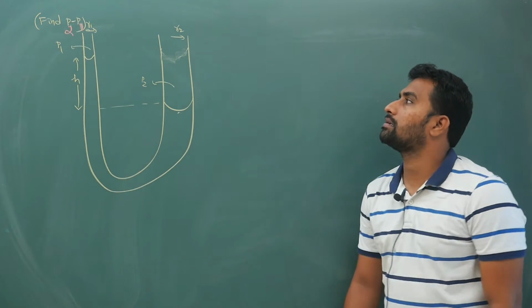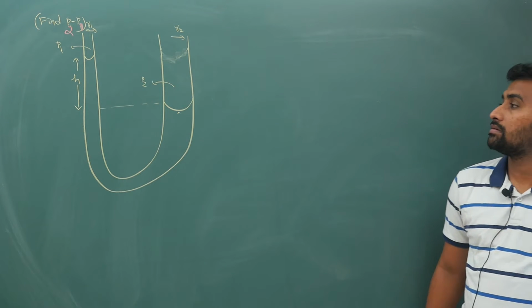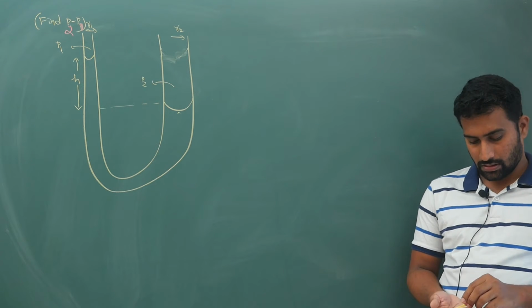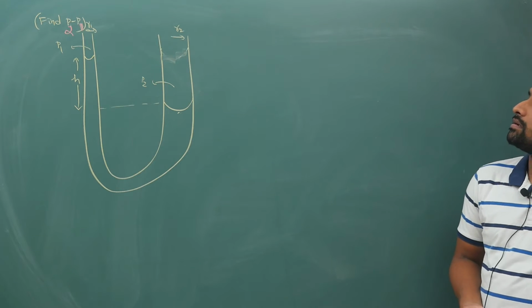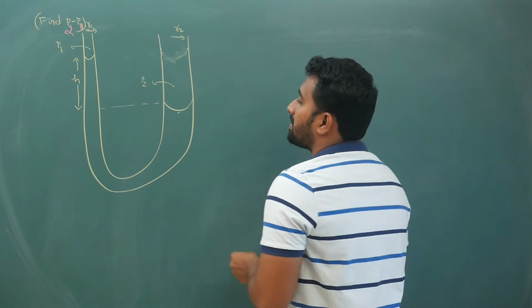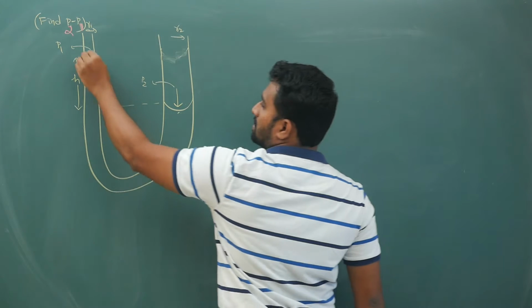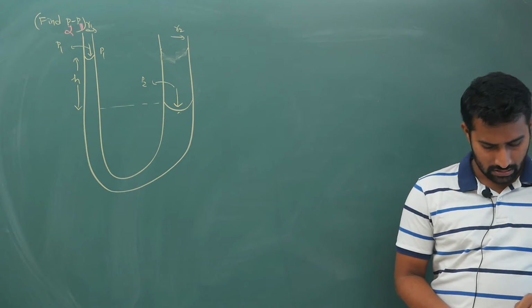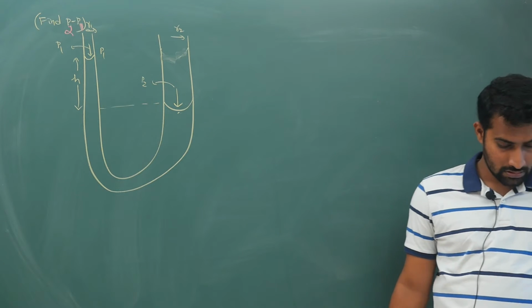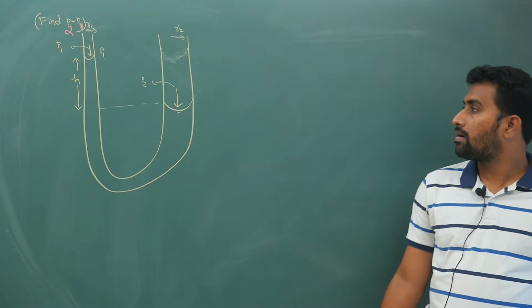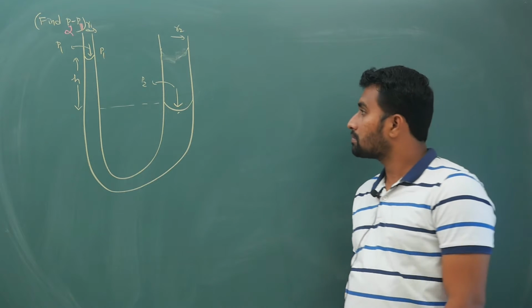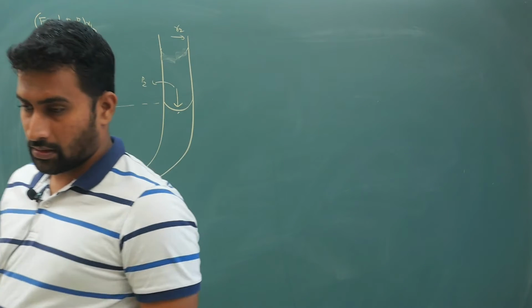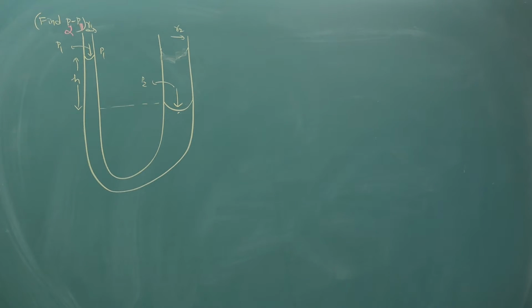Come on, try it. Here the pressures are given. This is P2, this is P1. It is easy only. Give it a try. You are supposed to give the difference of P1 and P2.